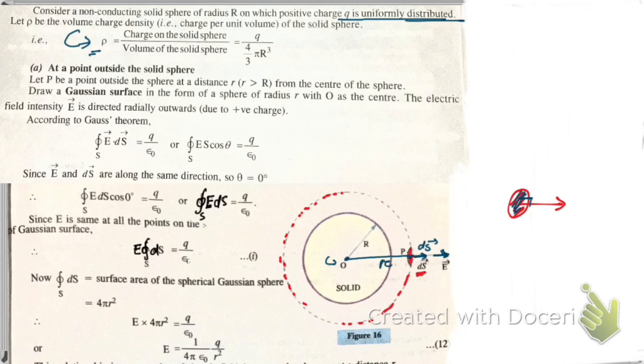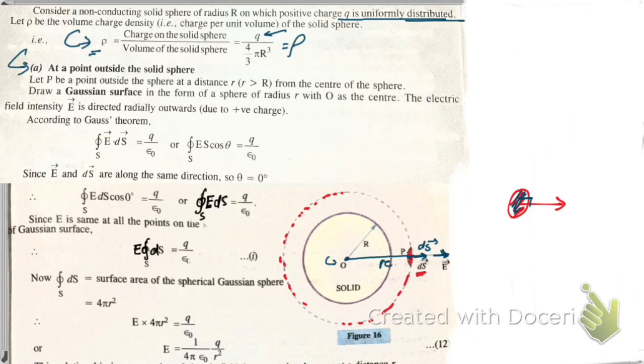Then total charge Q divided by its volume is the charge density. The volume of a sphere is 4/3 pi R cube, where capital R is the radius of this sphere. So rho is Q by 4/3 pi R cube. Hope you have understood this. This is the value of rho.